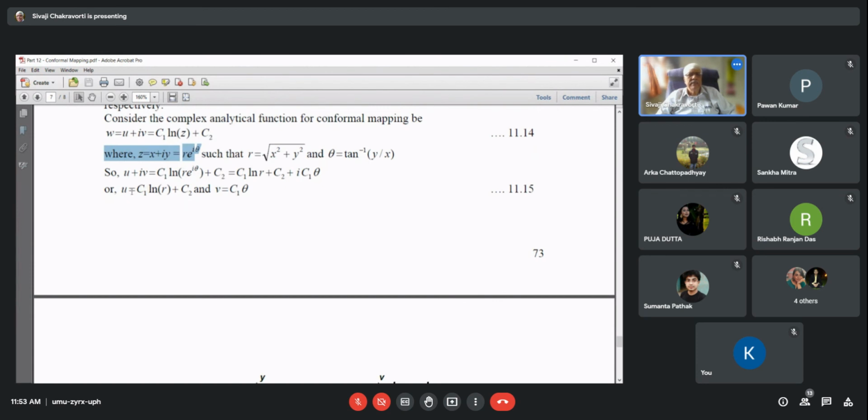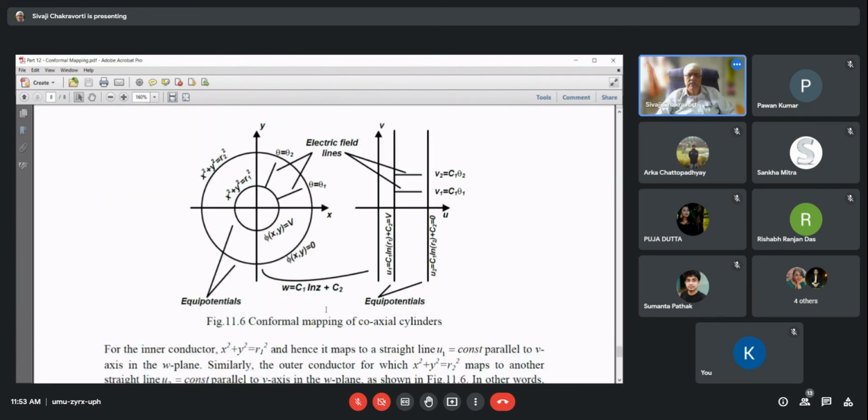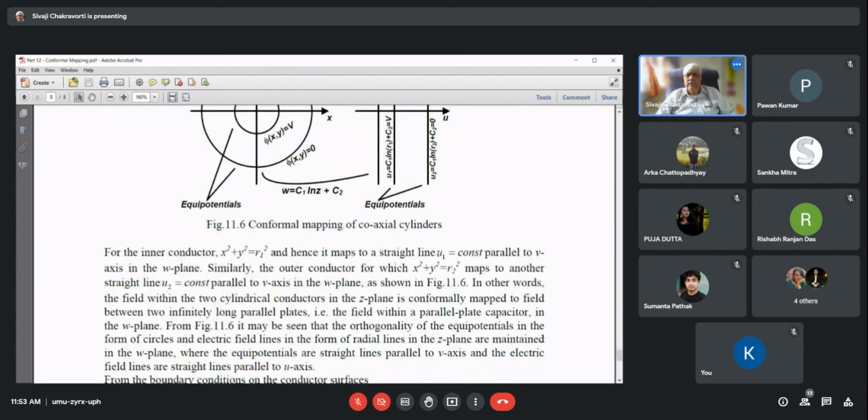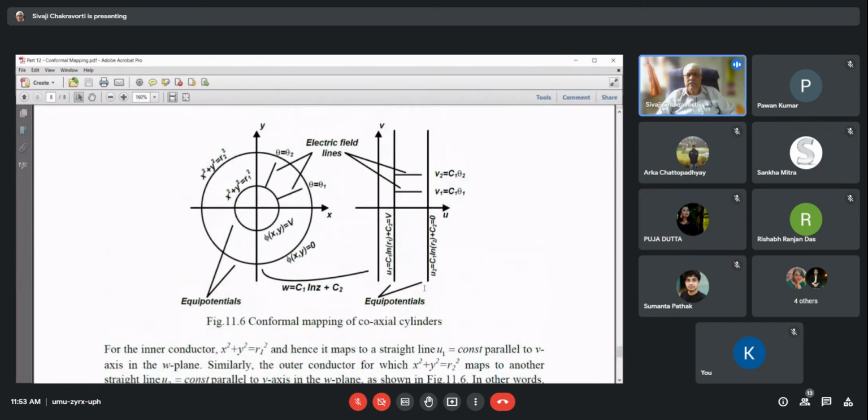If I put r a particular value, that is r is equal to constant, then u also becomes constant because c1 ln r plus c2 becomes constant. So I get u1 for this x square plus y square equals r1 square. u1 is equal to constant, but I get a straight line. Therefore, what is this u1 equal to constant?